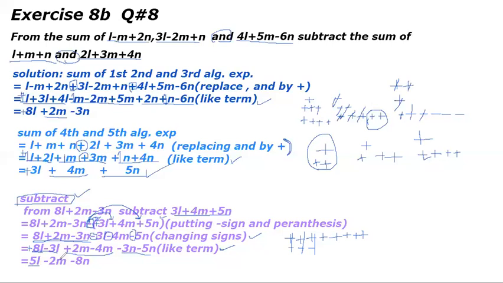Okay. Now, positive 2m and negative 4m gives us negative 2m. I will prove it and I will show you here. Positive 2m means that positive sign 2 times, and negative 4m means that negative sign 4 times. We will cancel one positive with one negative and two negative signs are left, so negative 2m.